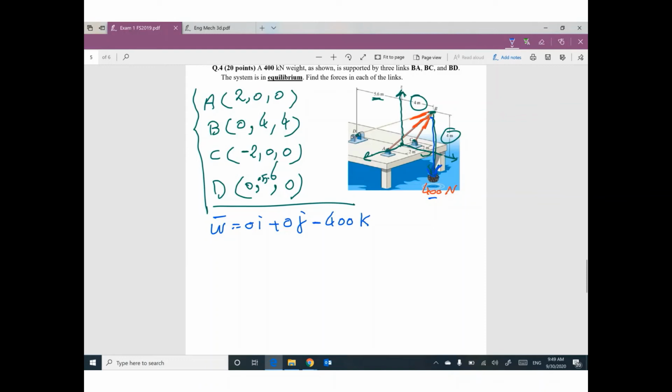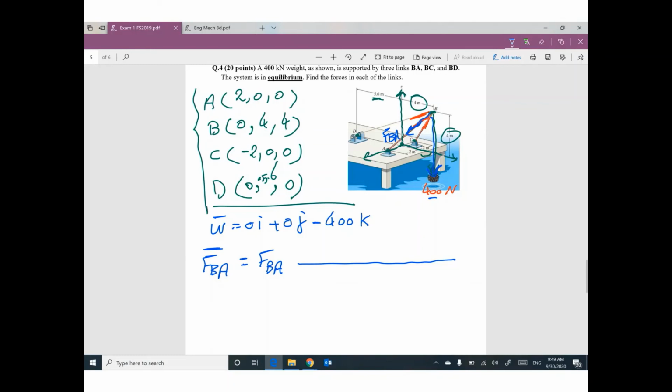Let's do the first force, FBA. Do you remember FBA as a vector? How can we figure it out? FBA will be FBA as a value times BA.